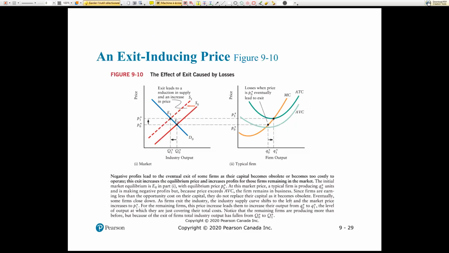All right, and this is the reverse. So here we're in a situation where firms were making a loss because average total cost was higher than price P0. So what happens is firms leave the industry. They go bankrupt.